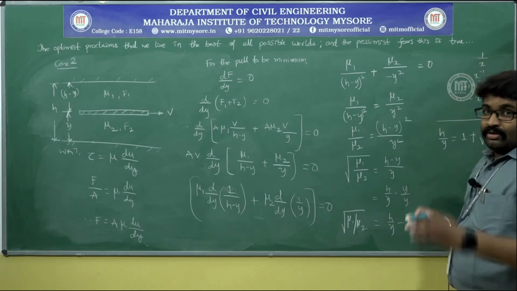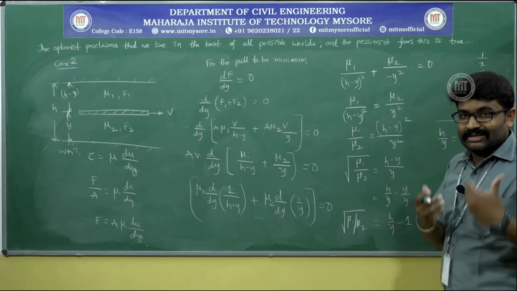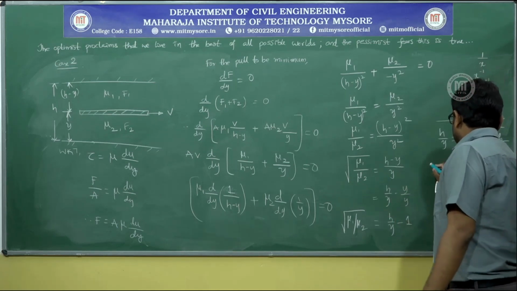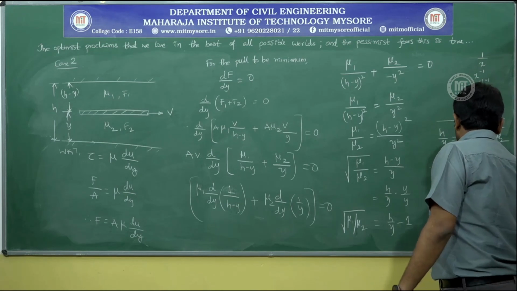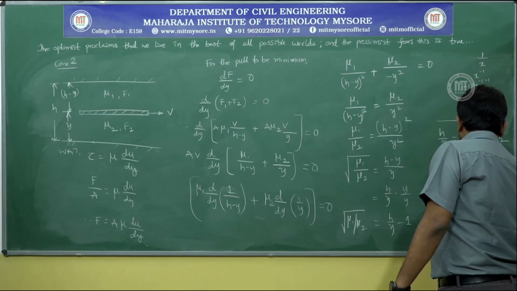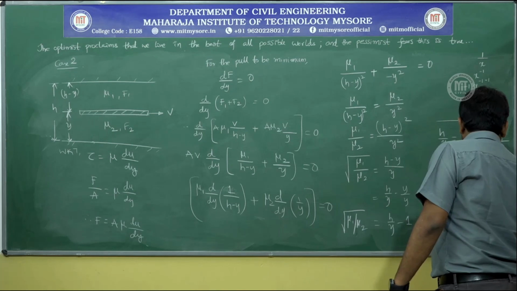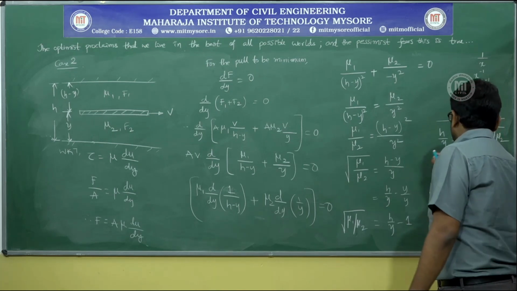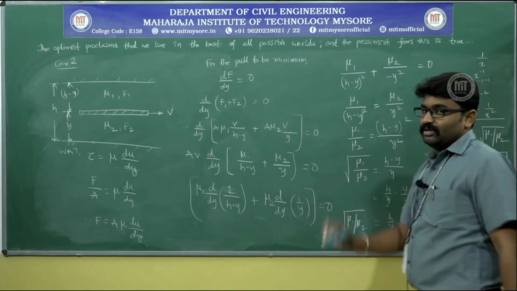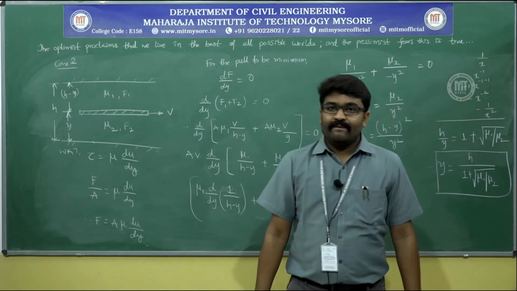And I have told you that y is what we require, because that is the position of the plate. Therefore, y is equal to h divided by 1 plus root of mu1 by mu2 is the solution for this problem.